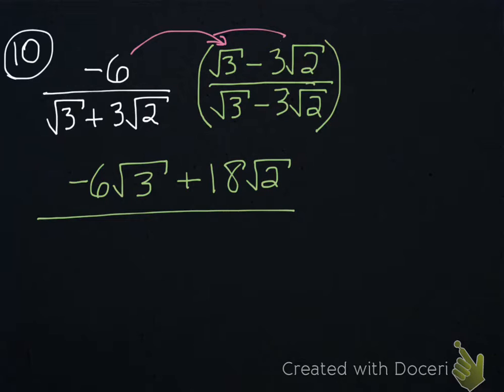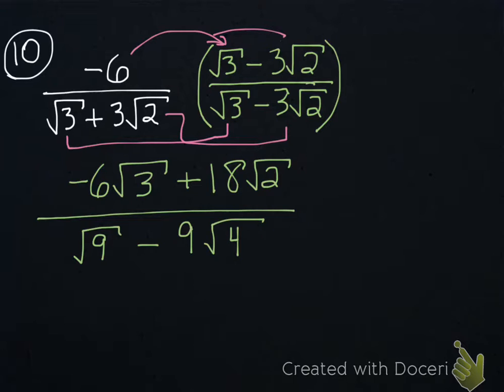Now let's do the denominator. Again, we can do the shortcut. First and last. So, square root 3 times square root 3 is square root 9. Minus 3 times 3, which is 9. Square root 2 times square root 2 is 4. Square root 4.